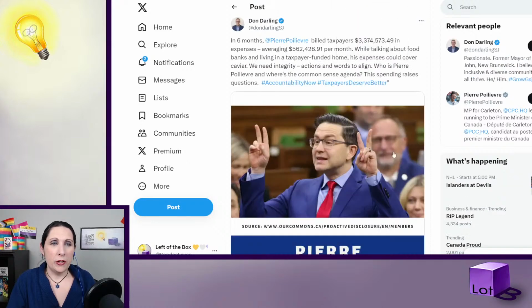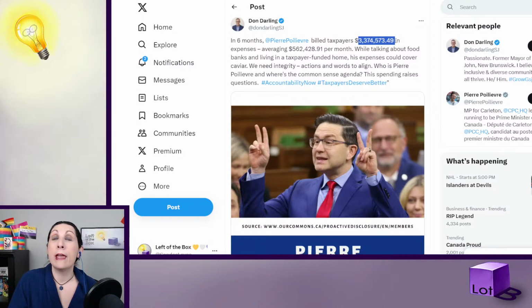And again, another reminder of he likes to sell himself as working class, and unfortunately it is working. A lot of the middle class and unions are supporting his conservative government over the NDP. In 6 months, Pierre Poilievre billed taxpayers $3,374,573.49 in expenses, averaging over $550,000 a month.